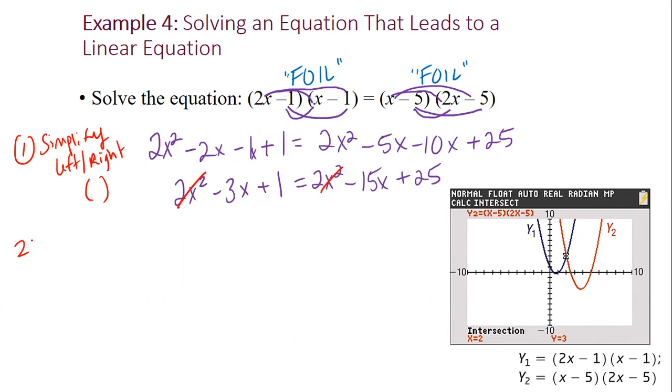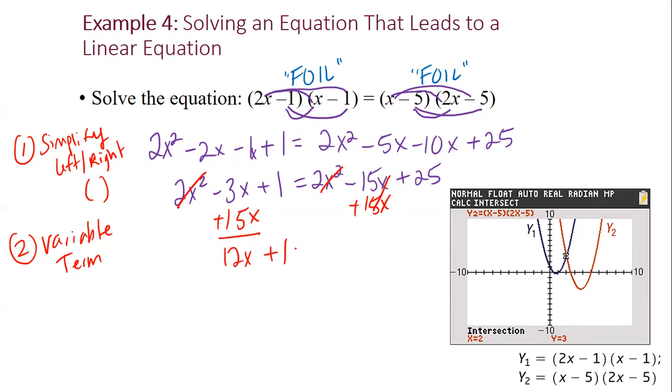All right. Step 2 is now we're going to start moving. So we want to move our variable terms. So I'm going to move -15x. How would I move -15x? I'm going to add 15x. Make sure you're bringing your variable along with you. That leaves me with 12x plus 1 equals 25.